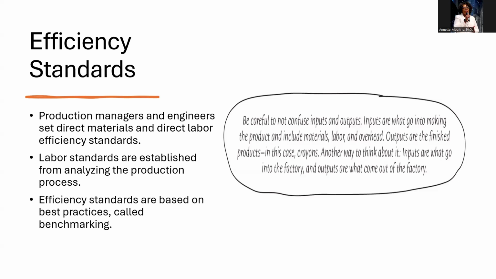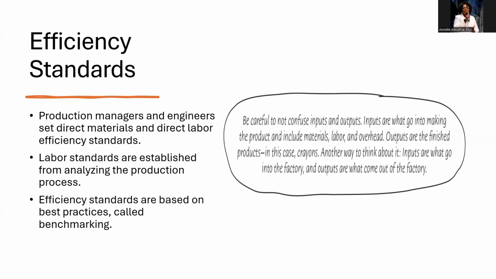For the direct material efficiency standard, the production managers and engineers determine the precise amount of wax required per batch to minimize waste and maximize efficiency. If employees handle materials properly without spillage or excess use, the direct materials efficiency standard ensures that the right quantity is used per batch of crayons.